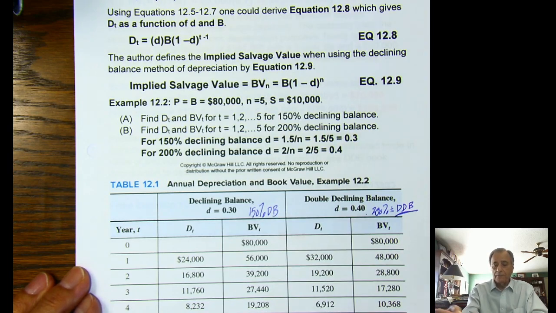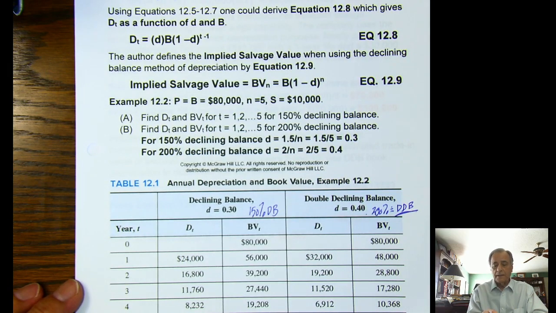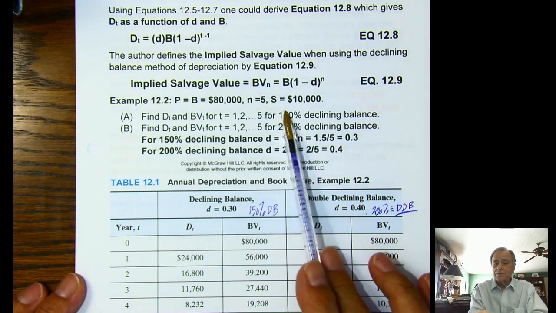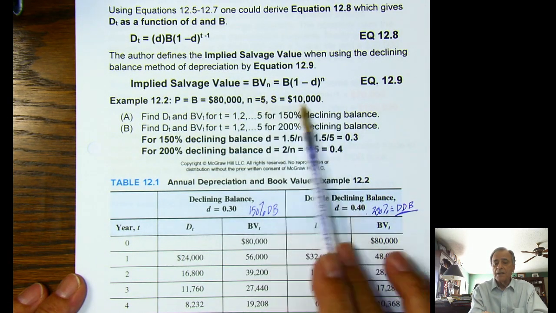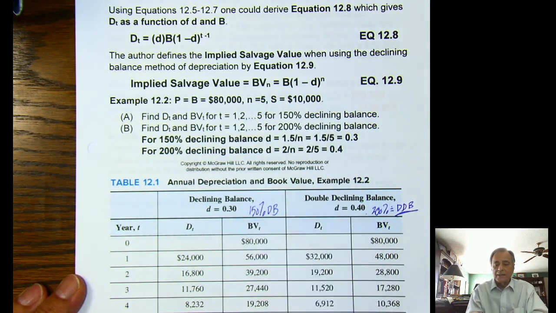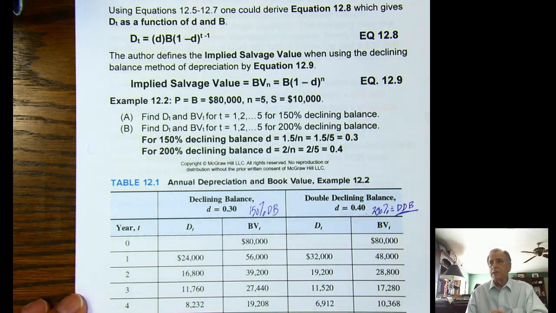You don't get there. Sometimes you overshoot it. In other words, you could have a number less than that $10,000. Well, it would have been less if I had estimated, say, this to be 20,000. Well, there's no S in any of these calculations. So these calculations are going to be done regardless of what you estimate the salvage value to be.